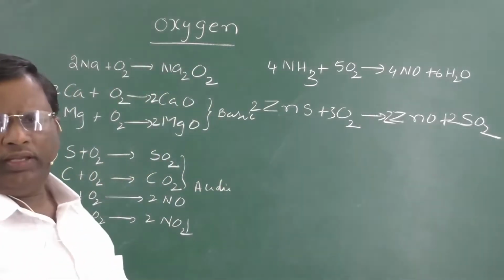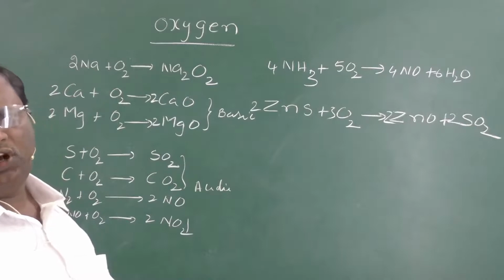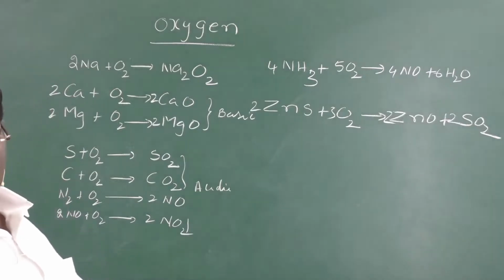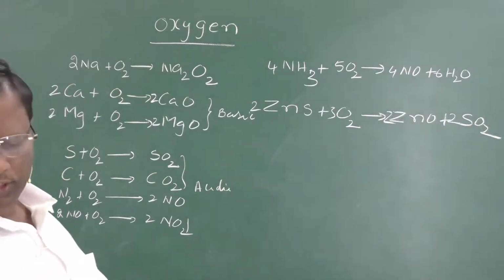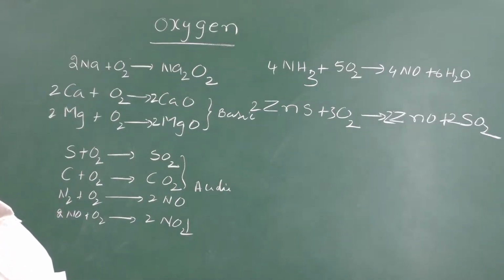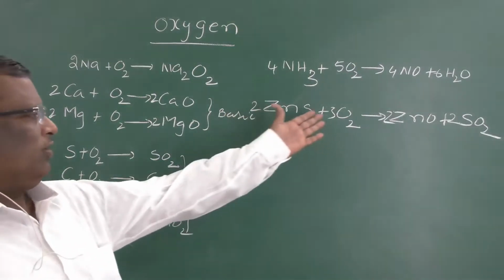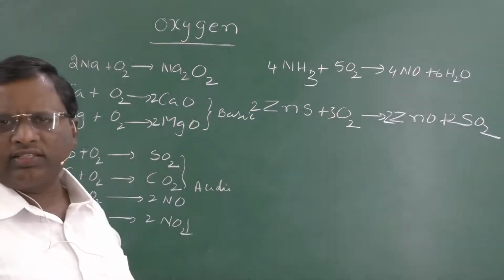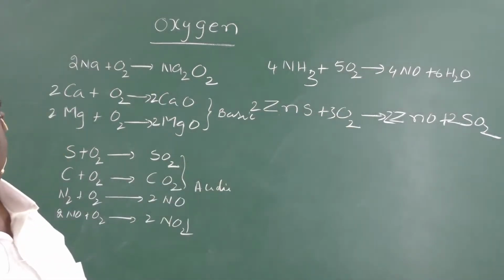Zinc sulfide, when burned in the presence of oxygen, is called roasting. Sulfide ores, when heated in the presence of oxygen, that process in metallurgy is known as roasting. In the roasting process, sulfide ores are converted into oxide ores.